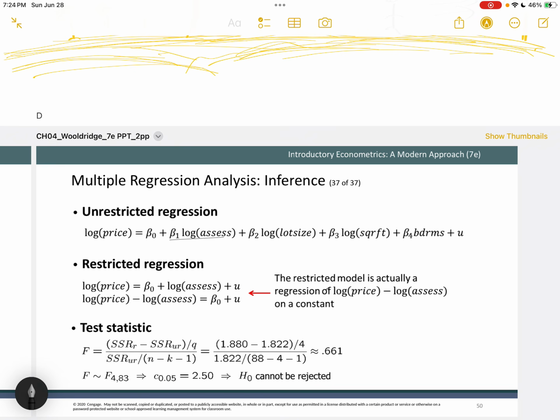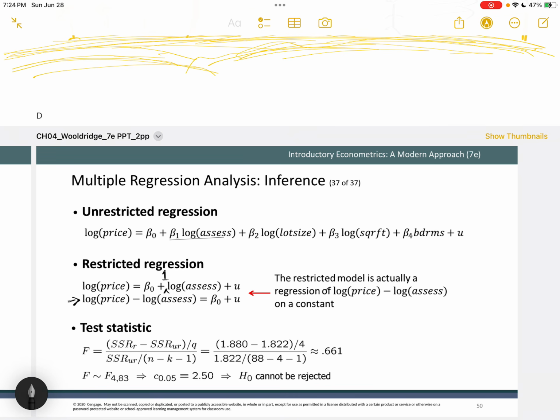Log assessed, log lot size, log square feet, and bedrooms are in there. But the restricted regression is the one where we have beta 1 equal 1. So log price equals beta 0 plus 1 times log assess plus u.